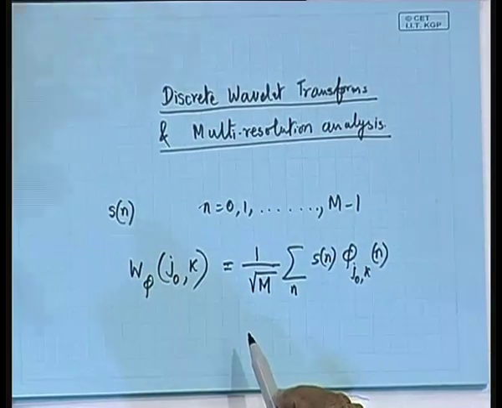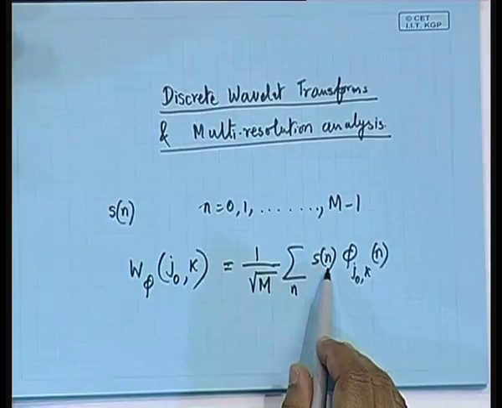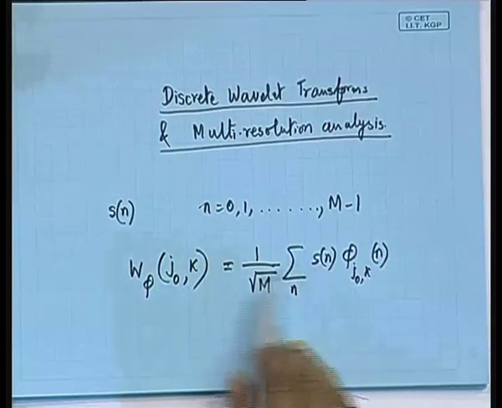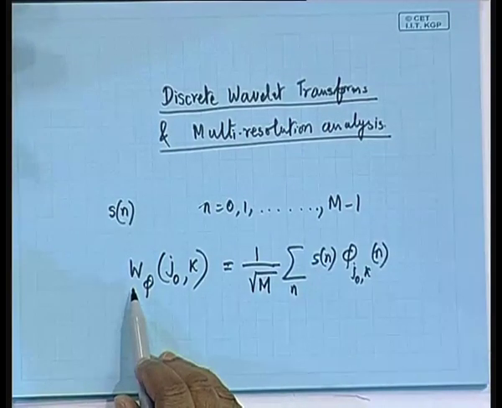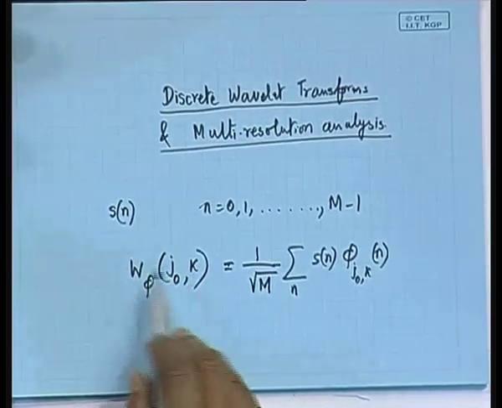And this 1 by root over m is actually a normalizing term that is coming in, because what we are essentially doing is, you can imagine that as if to say that from this S of n, which is the spatial domain, I am converting that to a new domain that is given by this W phi j k.